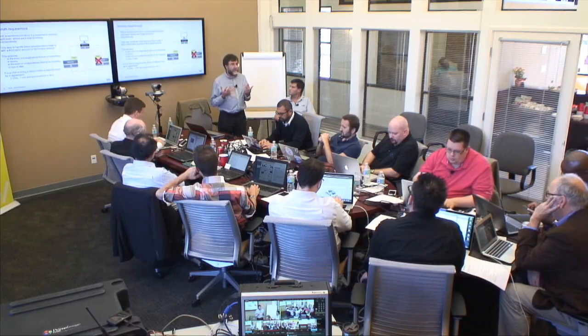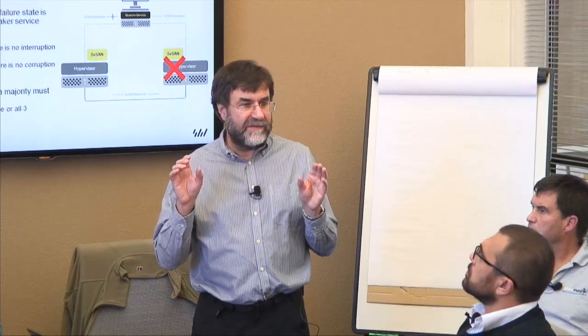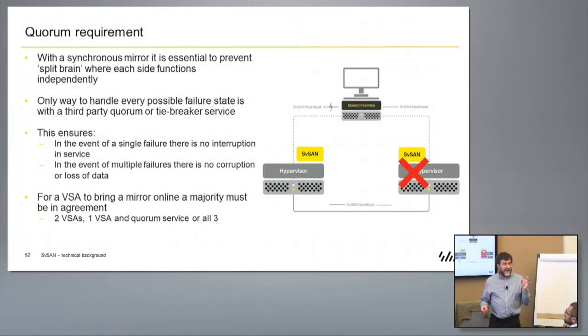Okay, so the quorum requirement. If you've got a distributed device, then you've always got the possibility of what's called split brain. What happens if the two sides of the device somehow lose connectivity? They must do the right thing. That could be the network connection between the two sides failing, or it could be a situation where one side goes down, then later on the other side goes down, and the side that went down first comes back up.